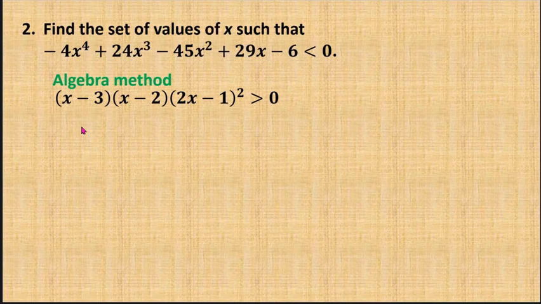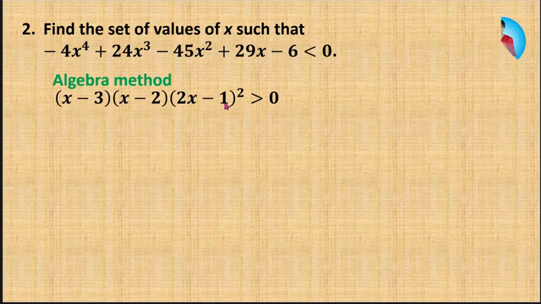Now I'm going to solve the inequality without using the graph. From the factorization, I got 3 linear factors, where 1 is a repeated factor. From the linear factors, I got 3 different roots.